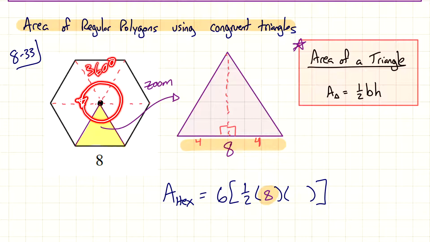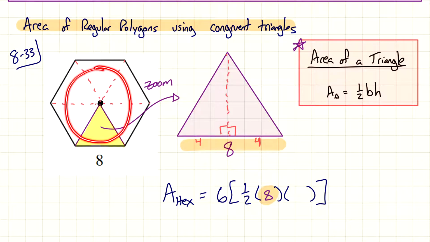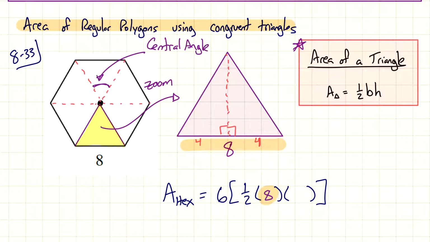If you notice, it almost looks like a pizza. If I go around in a circle like a pizza, and I've cut it into 6 slices, then what's the measurement of one of these angles? If I want to know the measurement of one angle, which we call the central angle, I'm going to take 360 degrees, which was the total, and divide it by the number of angles I have.